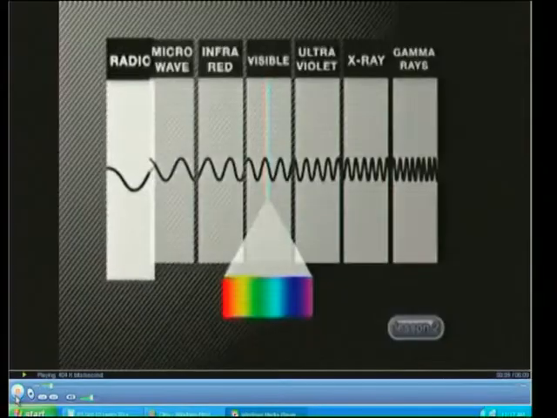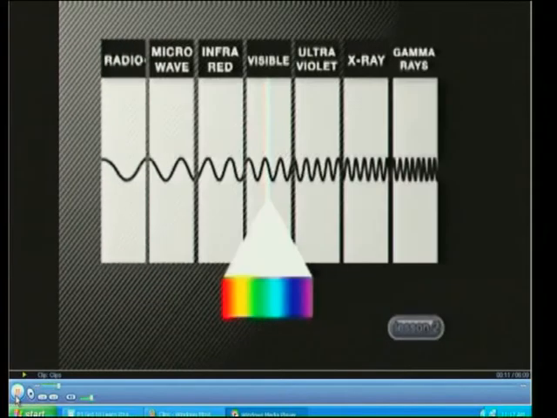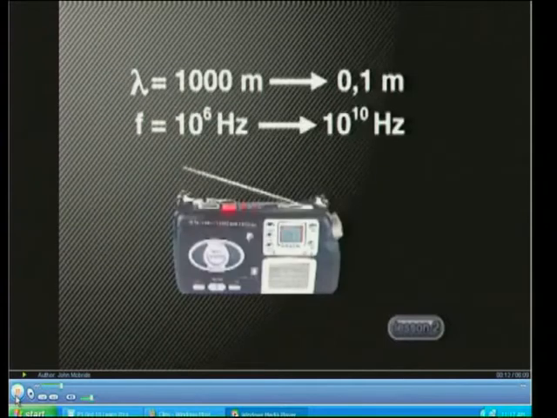Now, radio waves do exactly what they say they do. That's what's responsible for us being able to hear radio, okay? They're very long wavelengths, so it's the very first part of the spectrum. Those radio waves have big wavelength, low frequency. If we look at a radio, which is a good example, their wavelength is between 1,000 meters and 0.1 meters.